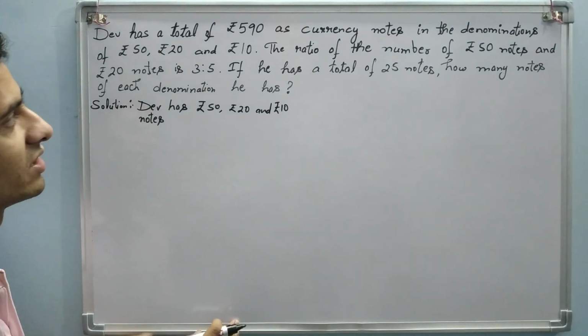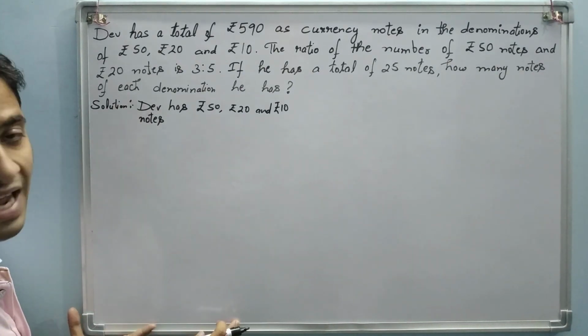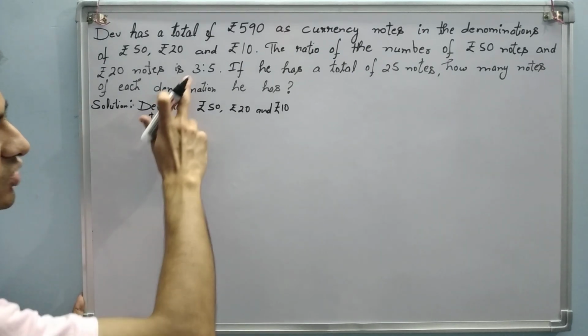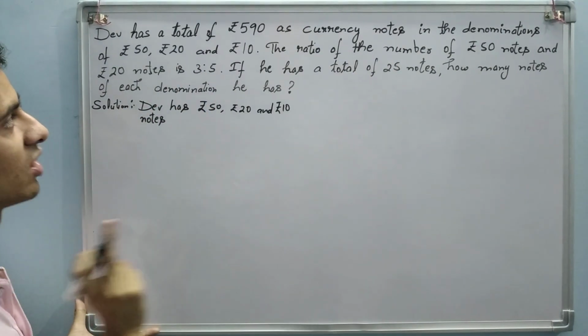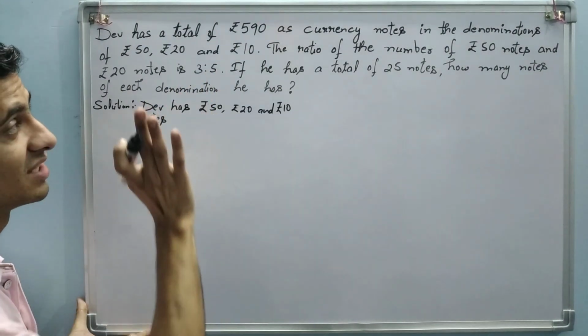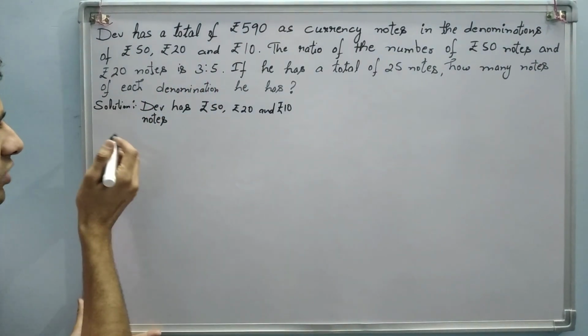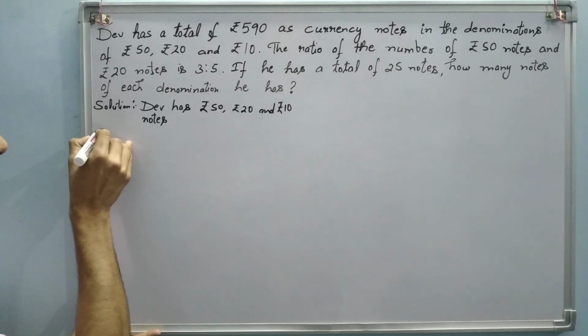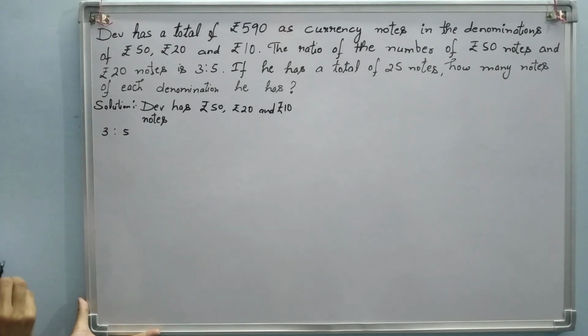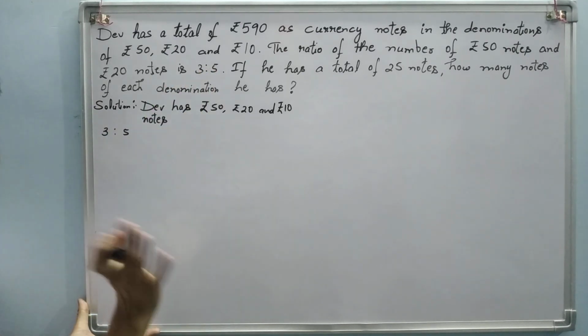Now the ratio between 50 rupee notes and 20 rupee notes is given to be 3:5. They have not said that there are 3 50 rupee notes and 5 20 rupee notes. Their ratio is 3:5. Okay, if I say that there are 3 50 rupee notes and 5 20 rupee notes, the ratio is 3:5.